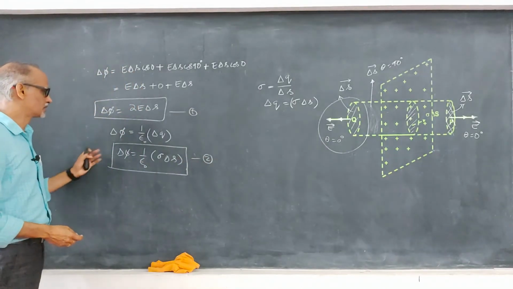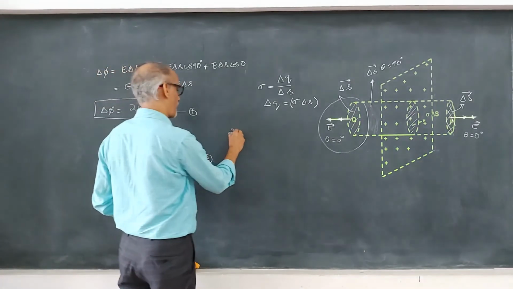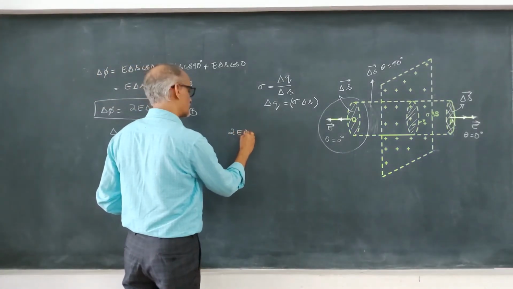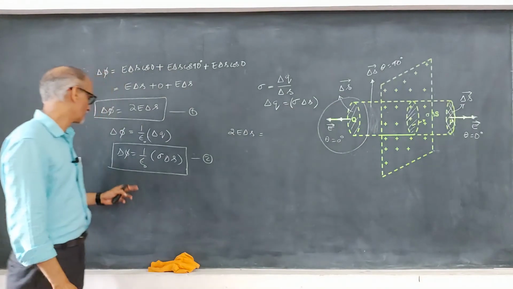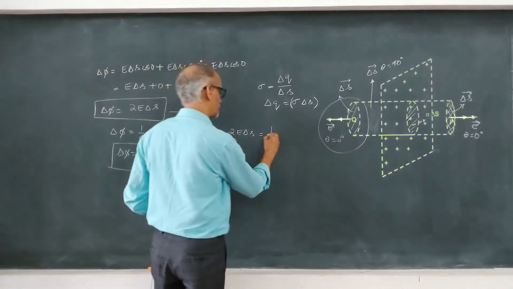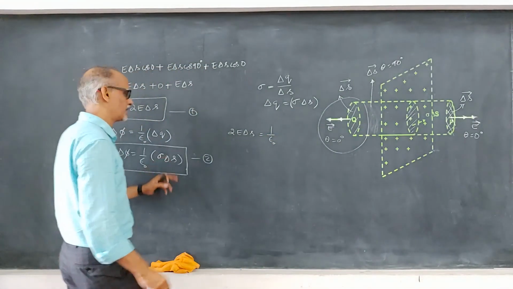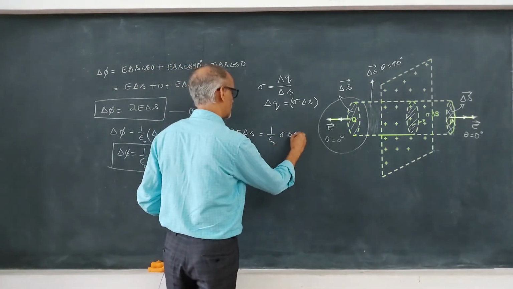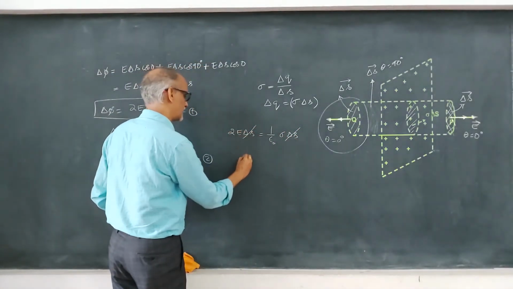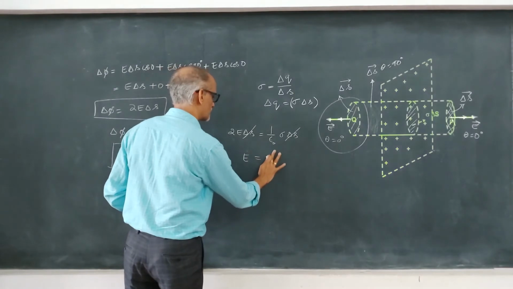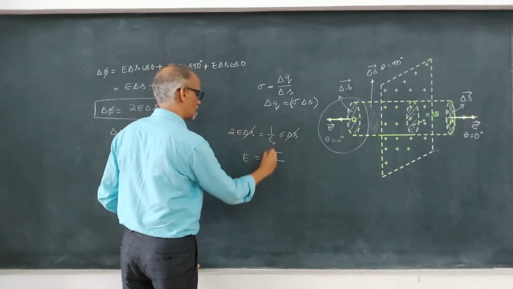Now, equating 1 and 2, we get 2E delta S is equal to 1 by epsilon naught sigma into delta S. The delta S will get cancelled. So, you will get E is equal to sigma by 2 epsilon naught.